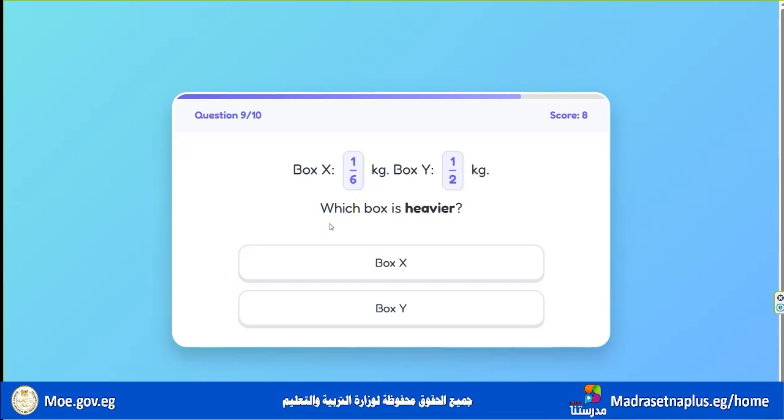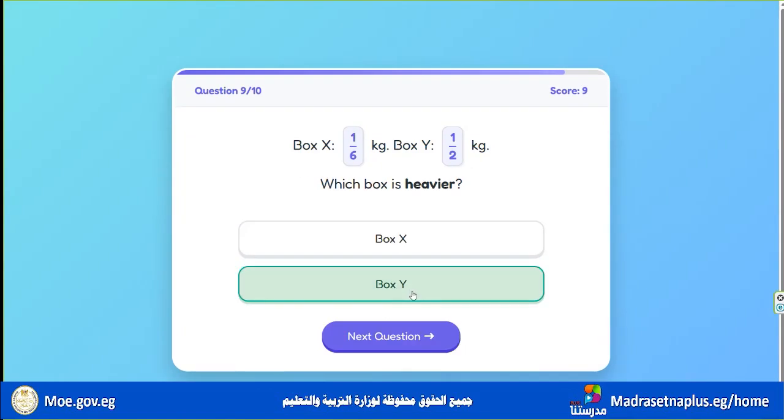Which one is heavier? That means which one is larger, which one is bigger. Sixth or half? Half is heavier than a sixth. So half a kilogram is heavier than 1/6 kilogram. So which one, X or Y? Y. Y is bigger.